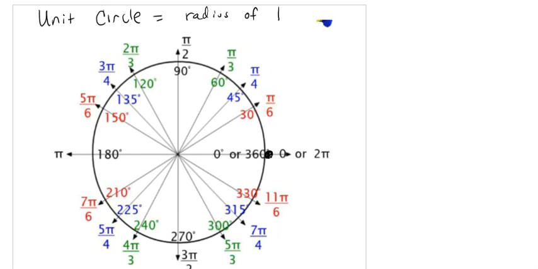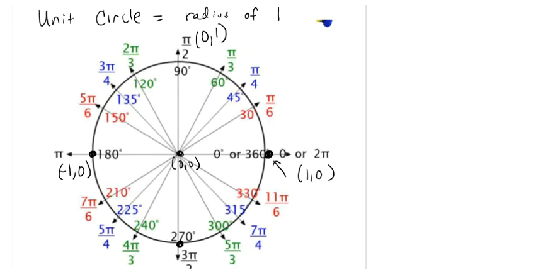Right here, this coordinate point is (1, 0), because we're going to put the center here at (0, 0), and this is moved 1 towards the right. Up here is going to be (0, 1). At pi, it's going to be (-1, 0).